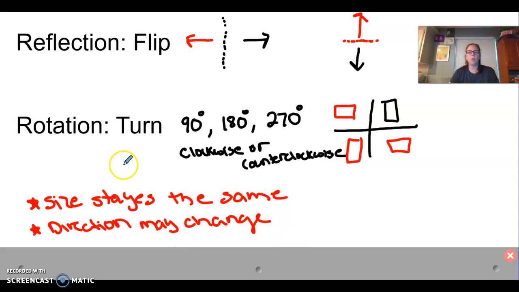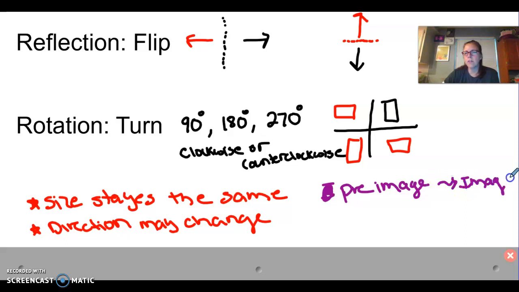All right, let me see if I can get back to the page I wrote on. Here we go. One thing I want you to remember, so go back to your piece of paper, is the image and the pre-image. It goes to the image, which is a little confusing, I think. But pre means before. So that's your first image, and this is your second image.